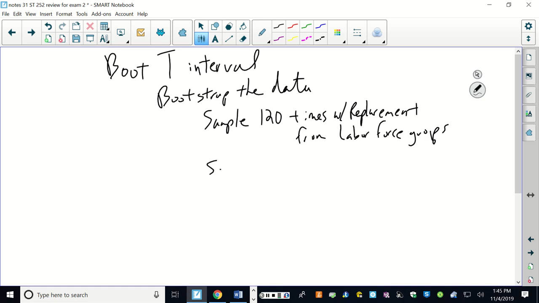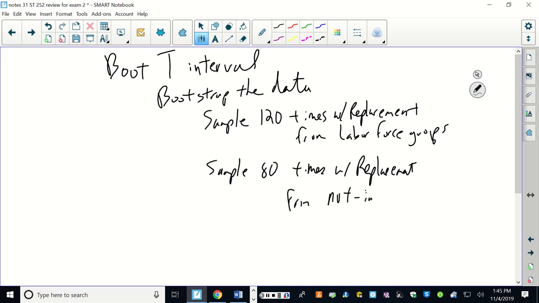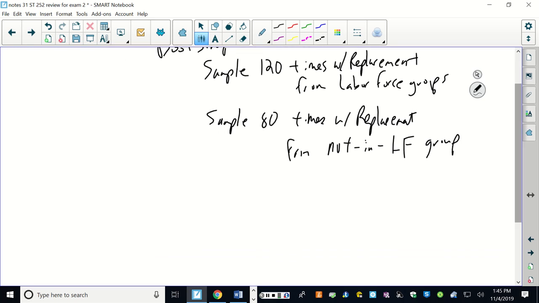And then we sample 80 times with replacement from the not in labor force group. And so we end up with two different samples.